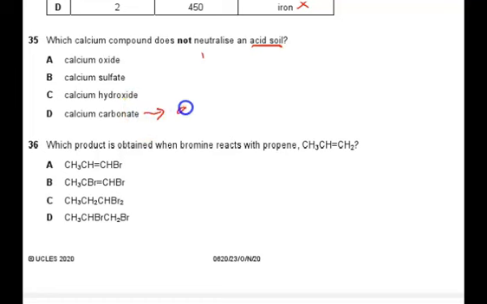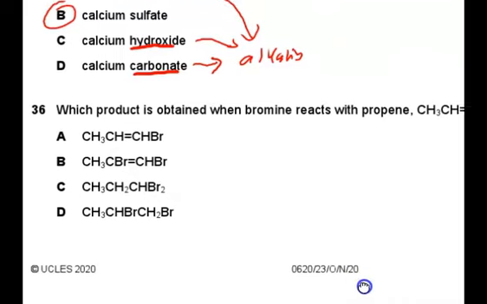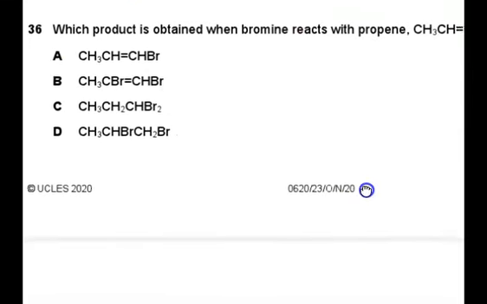This is the alkaline or base characteristic. Anything that has a hydroxide, oxide and even carbonate is alkaline. The only one that doesn't have an alkaline characteristic is calcium sulfate.